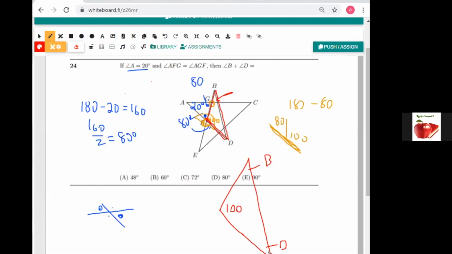The question says B plus D is 40. Well, if they're half, but we don't know they're half. What do we know that they are together? 80. That's right. B plus D has to equal 80, but we don't know what proportion, and we can't figure that out. There's not enough information in this problem to solve it.